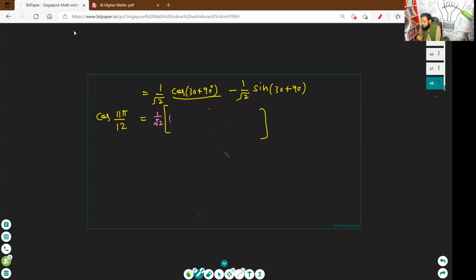This was the first part, cos alpha cos beta, and this was correct. And write the other part, minus sine alpha sine beta. Sine 30 is 1/2. Minus, you should write minus here, outside.